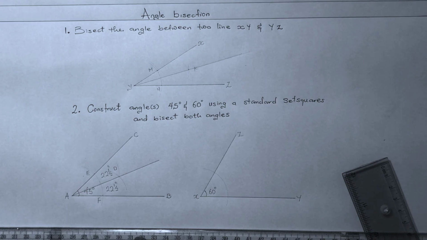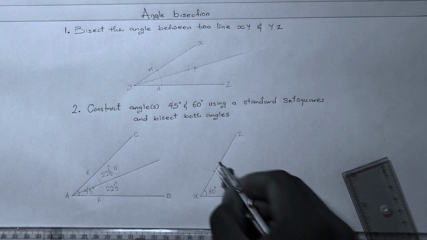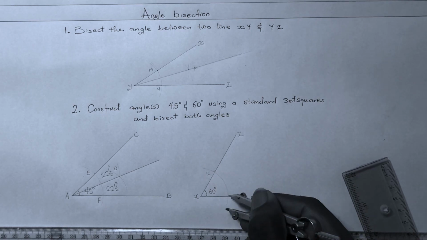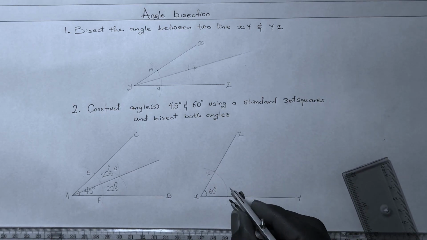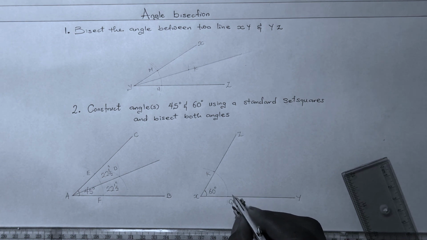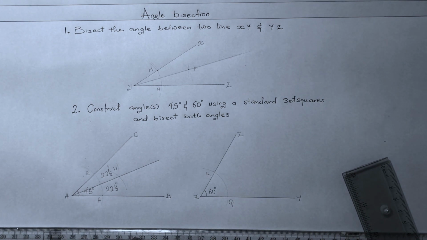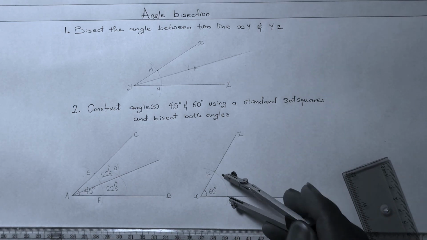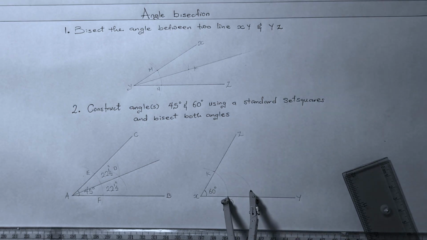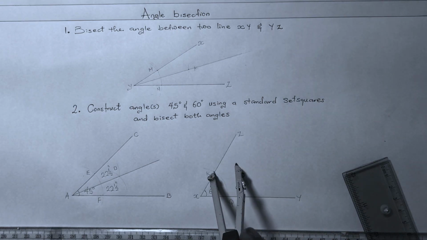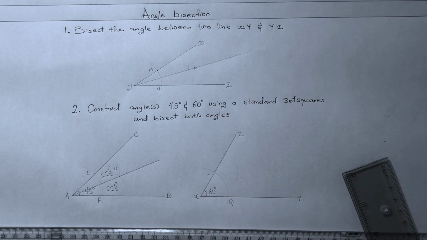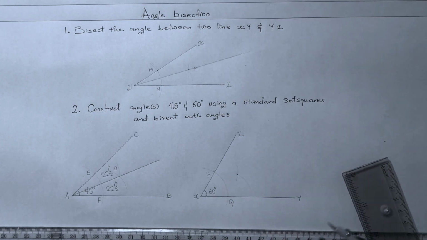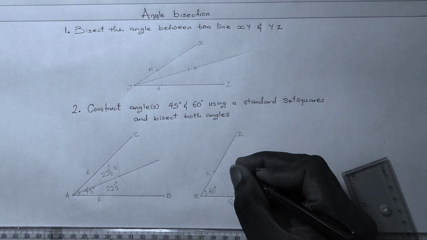The point of intersection on XZ we call K, and the point of intersection on XY we call Q. Then from these two points of intersection, using any convenient radius, we mark another arc, and we go to point K to cut the arc. At the point of intersection, again, we have this to be point P.